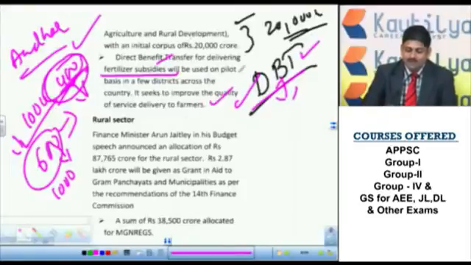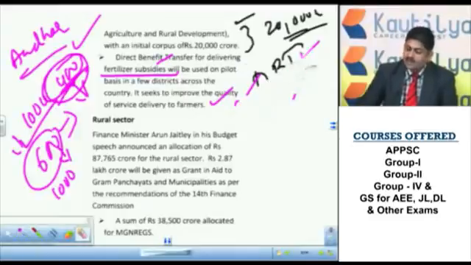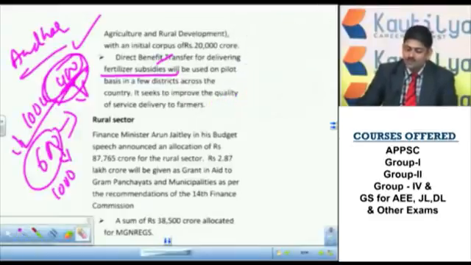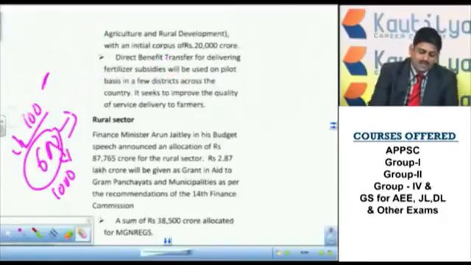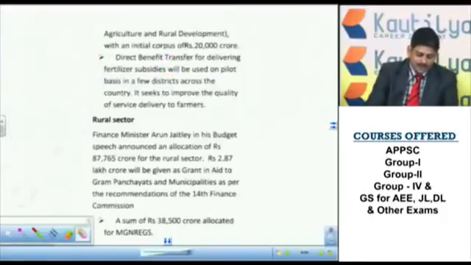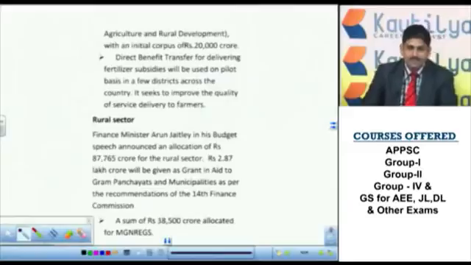Every farmer will get it directly into their account. What is the use of this? In order to increase transparency and curb corruption, because farmers were not getting the benefits, and to control the black market of the fertilizers. This is the main aim. So these are for the farmer community.